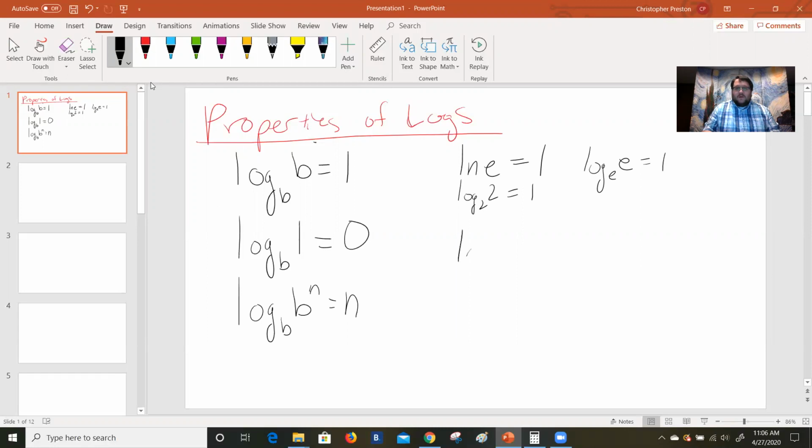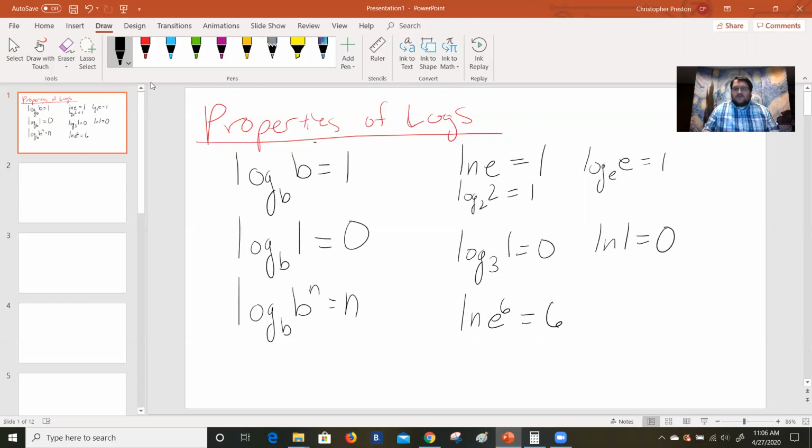The second property, log 3 of 1 is 0. The natural log of 1 is 0. Any log of 1 will equal 0. And then whenever the powers match up, so you have the natural log of e to the 6, that's going to be 6.